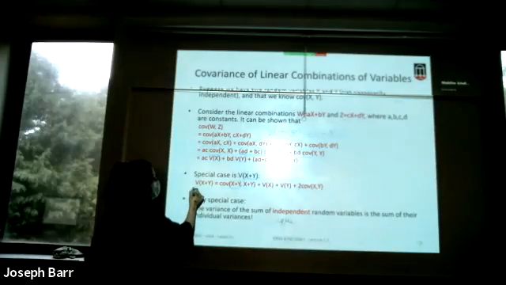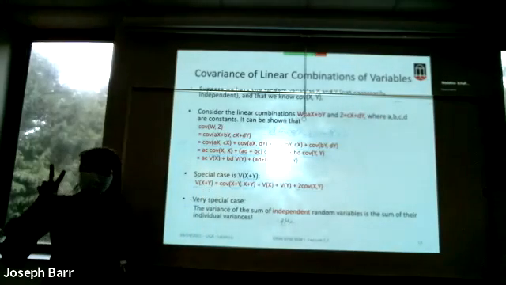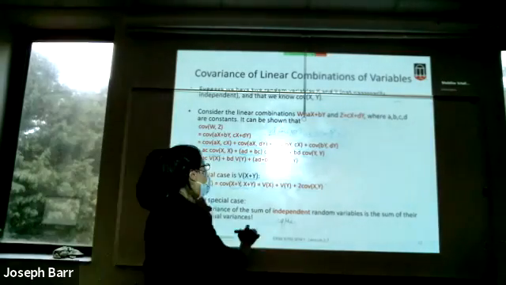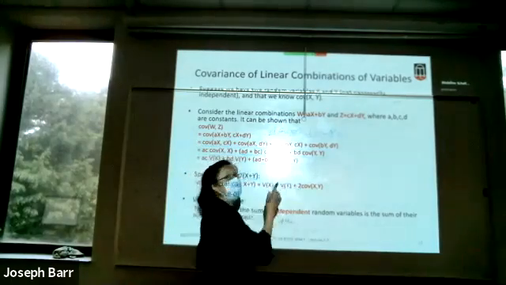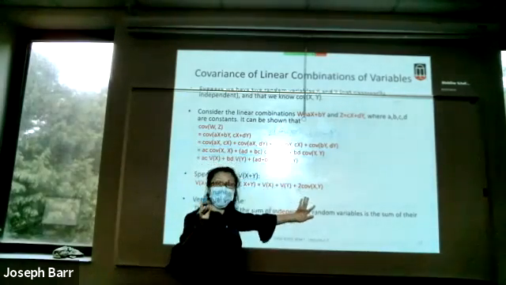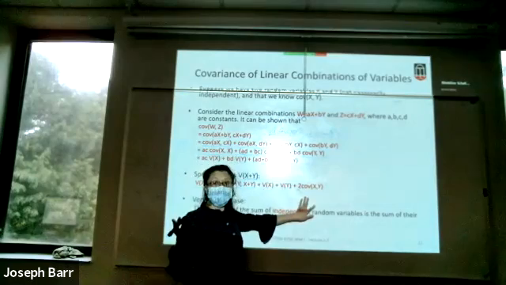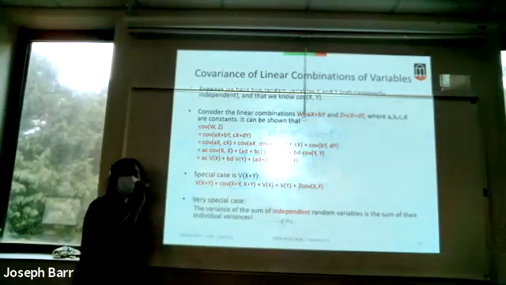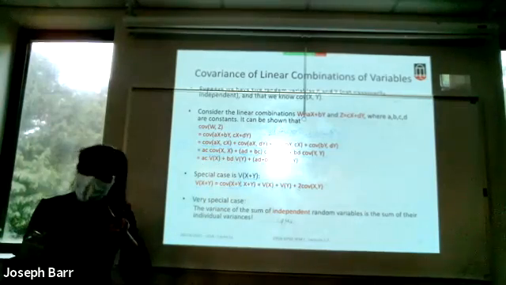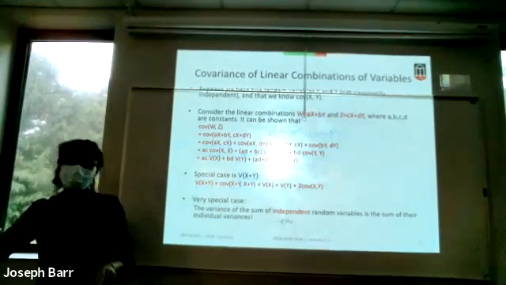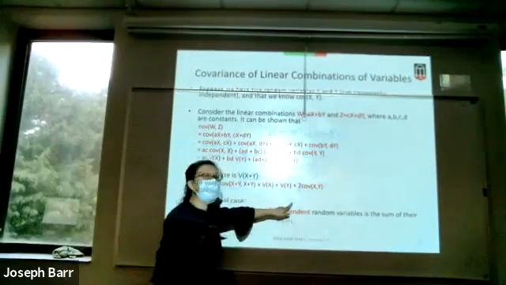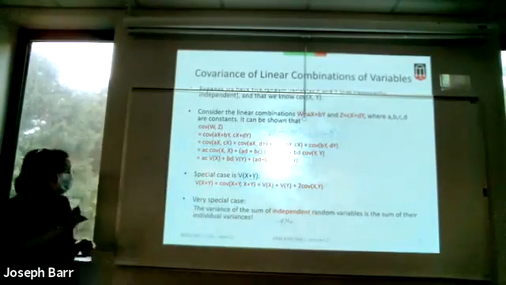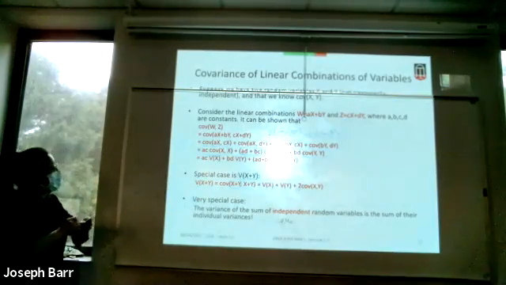In that case, the variance of the sum of two variables is a sum of two variances, just variance of X plus variance of Y. No covariance involved because the covariance here is 0. You don't need to worry about this part. So that's a very special case. You have to make sure these two variables are independent, and then you can use that formula. Otherwise, you have to consider the covariance between X and Y. Otherwise, you're going to miss an important component here.